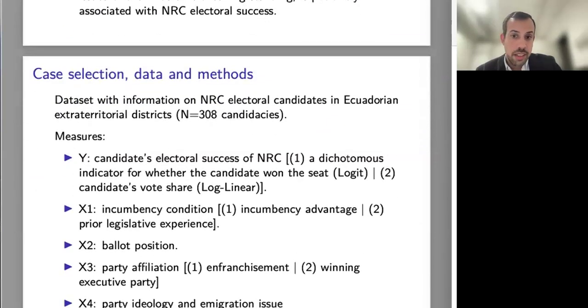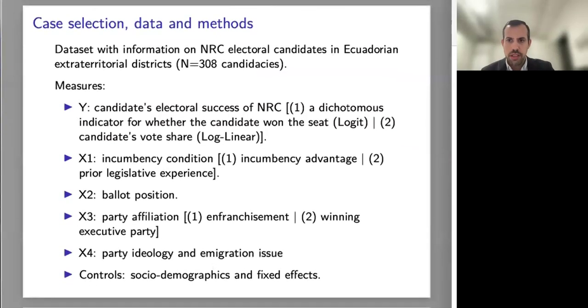As I anticipated, we explore four hypotheses using Ecuador as a case study, not only because it is an influential case in terms of migrant electoral rights, as probably we all know, but also because of its overrepresentation, as we saw before in the table of electoral proportionality.